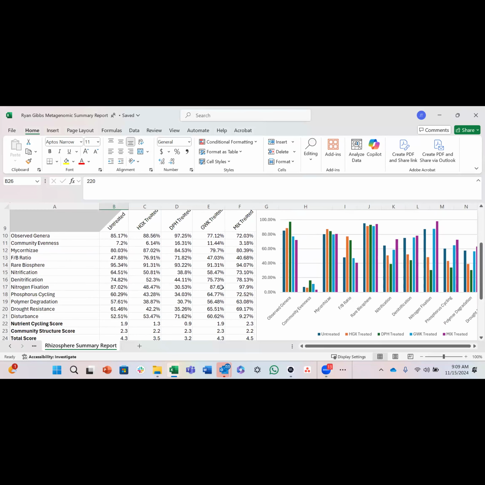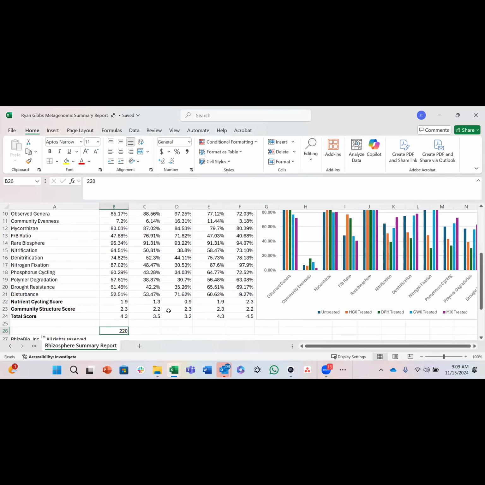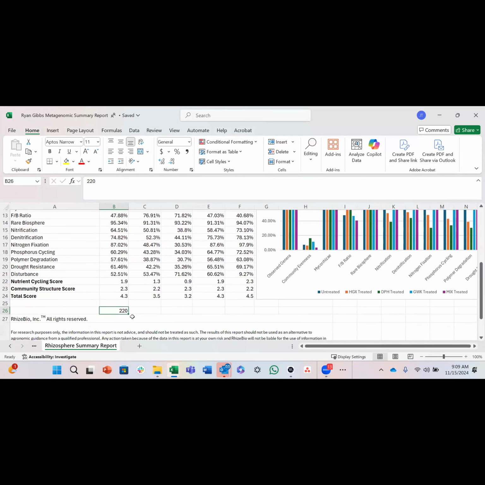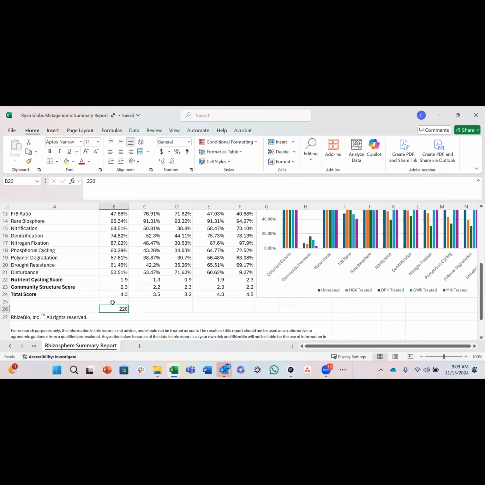Got it. So corn on corn, no starter, 216 bushel, and corn on corn with starter was 220. So you're looking at a 4 bushel yield increase there. And you did it with the mix, right?